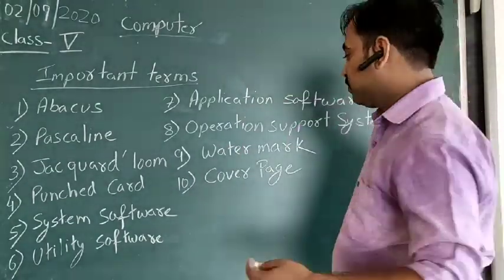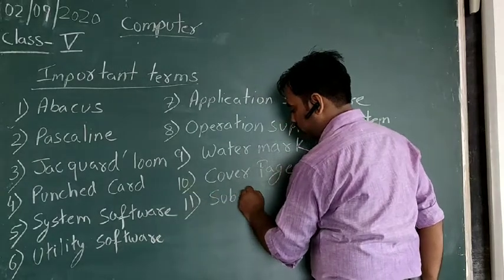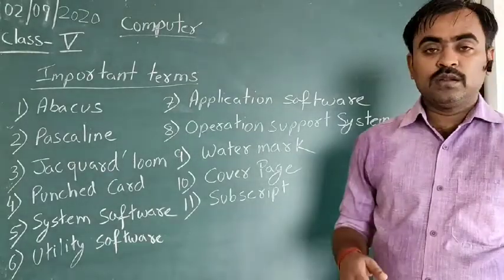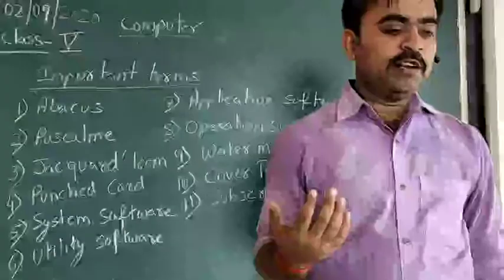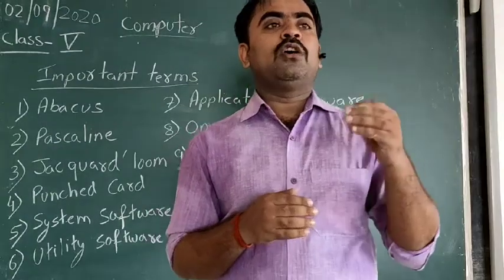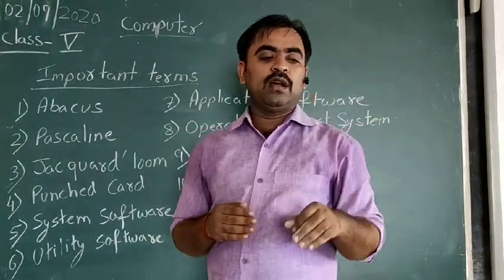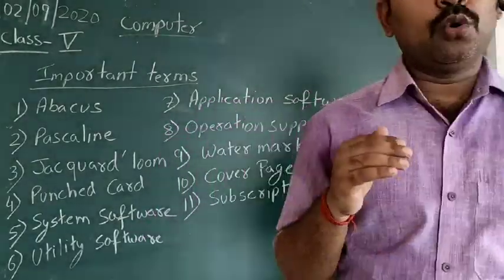Then there is a feature like subscript. The subscript feature in Word allows placing of text half a character below the original text. It enables you to place the character half a character below the original text.